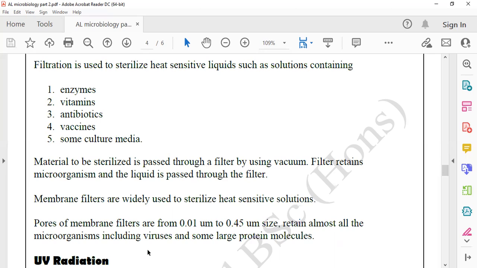So 10 nanometer to 0.45 micrometer, that range of filters are there. I told you some of them are for virus, some of them are for prions. Prions can be filtered, bacteria can be filtered, so various components can be filtered. Clear?